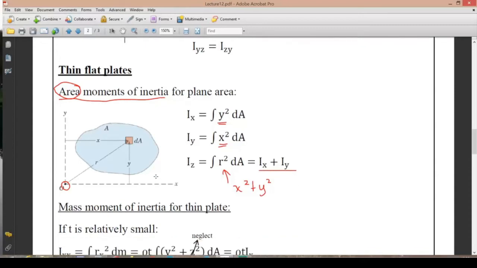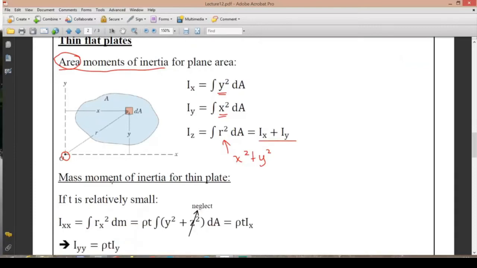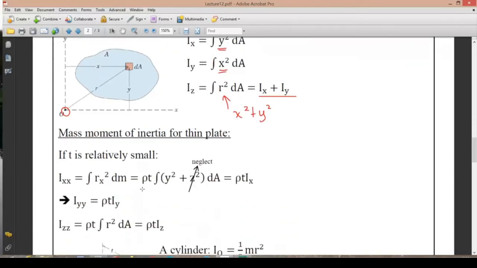Now, if we want to integrate this information about the mass, then we do that by introducing this rho, which is the density of that material. Still, it's a thin plate. We're going to make use of the area moment of inertia. So this is y squared, and as a result of that, Ix times rho, where rho is the density, in kilograms per meter squared, times t, the thickness.